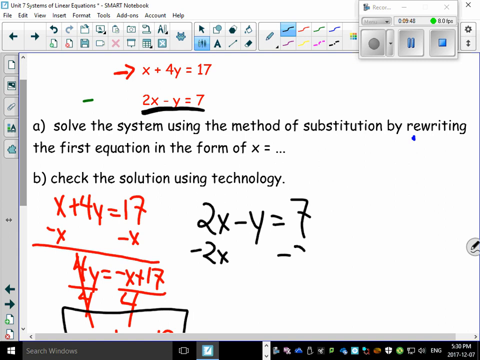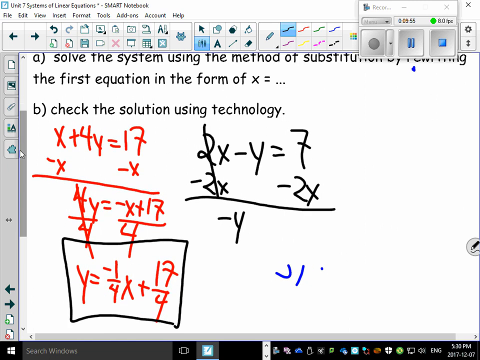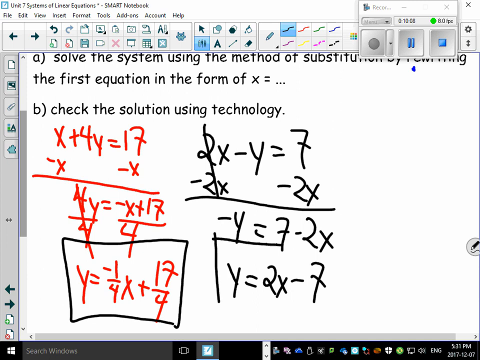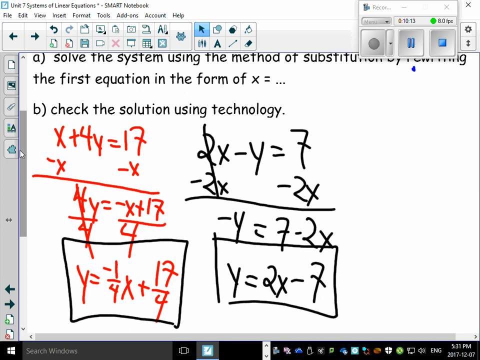Bring the 2x over, leaving me minus y equaling 7 minus 2x. Get rid of the y, changing the signs of everybody, so that is now y equals 2x minus 7. There's my second equation, which I'm going to put in my calculator, y1, y2, and find the intersect. So our first equation is negative a quarter x plus 17 over 4.